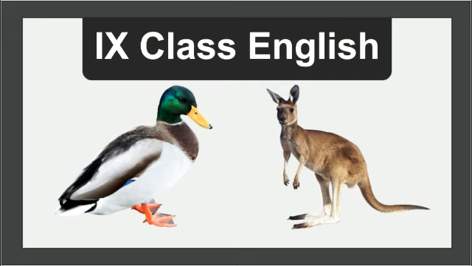So today we are going to see the poem The Duck and the Kangaroo, in which we can see two friends, the duck and the kangaroo, planning to have a journey. Do they speak like human beings? Does a kangaroo speak like a human being? Does a duck speak like a human being?